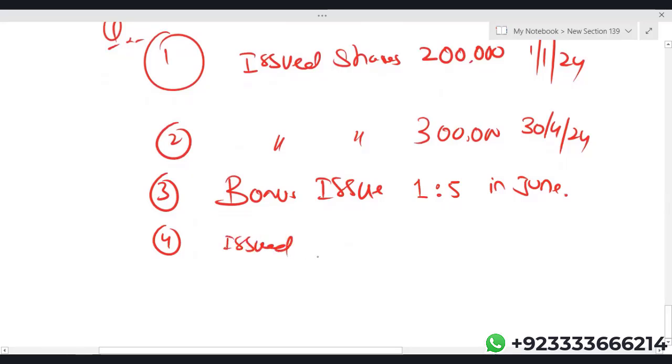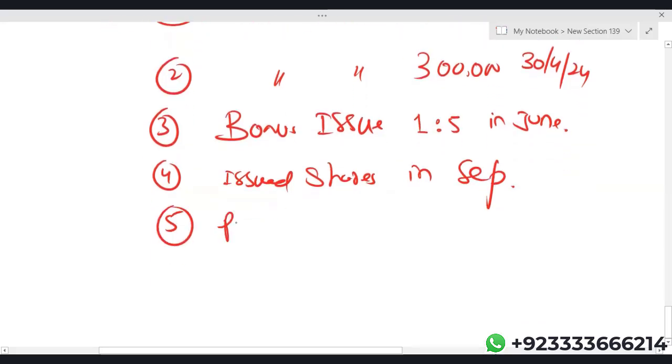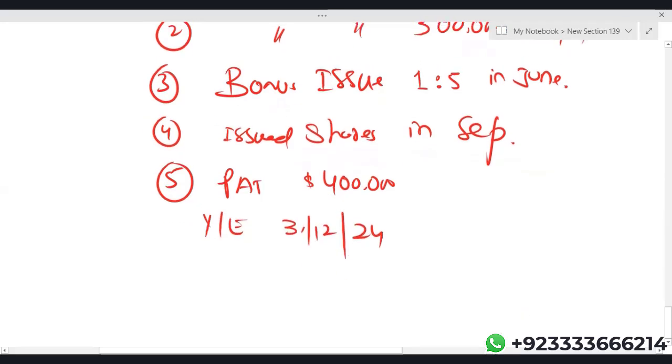Issued shares in September, again nothing is mentioned, so September means end of September. Profit after tax 400,000. Year end is, let's say, December 24. Required, calculate EPS. So we just simply need to calculate the basic EPS of 24.